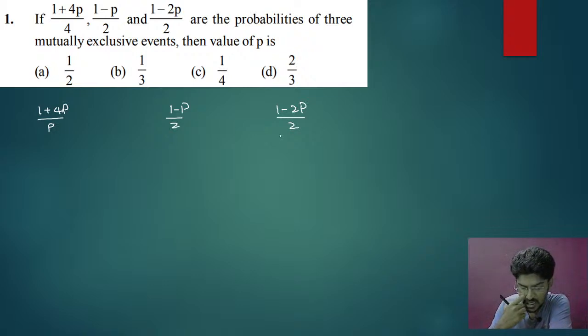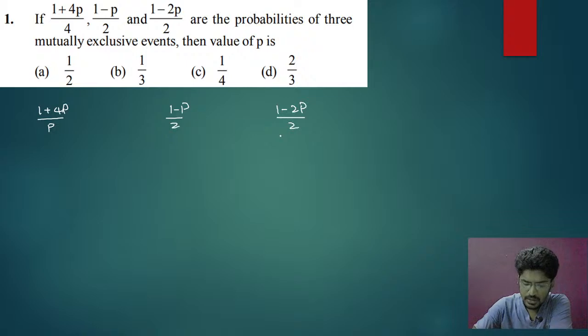Yesterday we went through mutually exclusive events as well as mutually exhaustive events. Mutually exclusive events means the intersection must be empty. Now we can find the value of p.